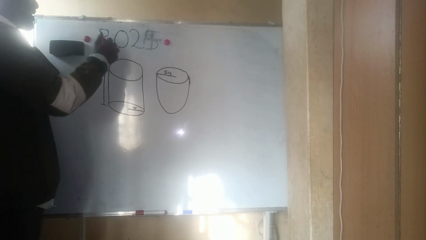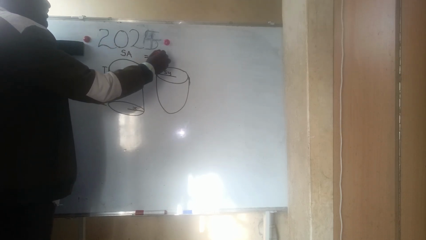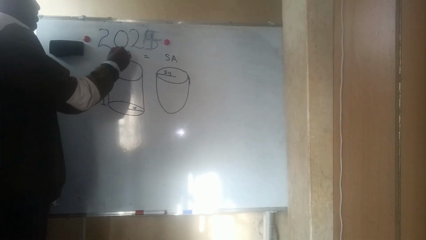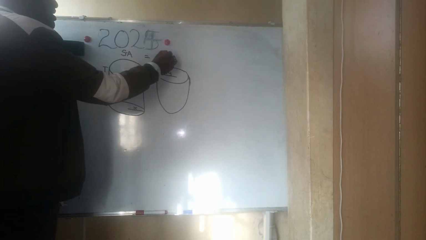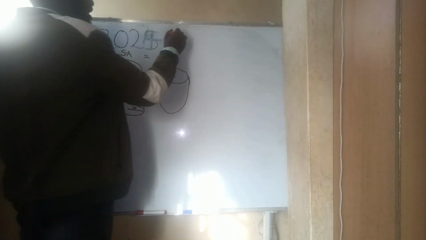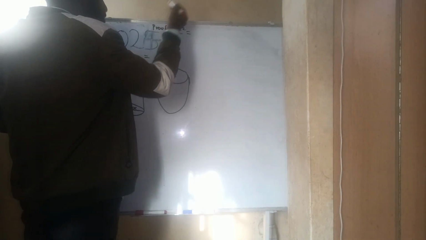You're told that the surface area of this cylinder is equal to the surface area of this hemisphere. So the surface area of the cylinder is equal to the surface area of the hemisphere, and you are told to give a proof.